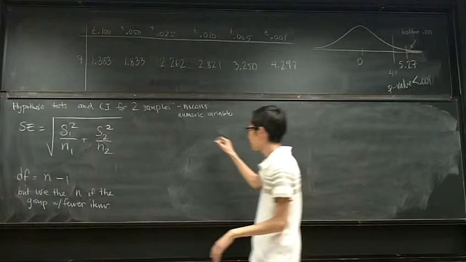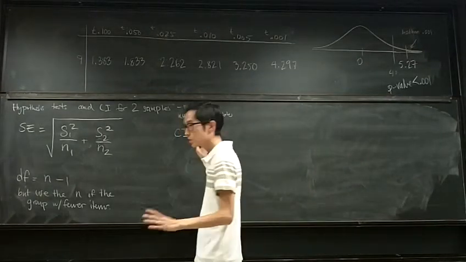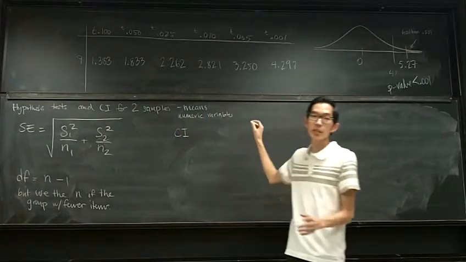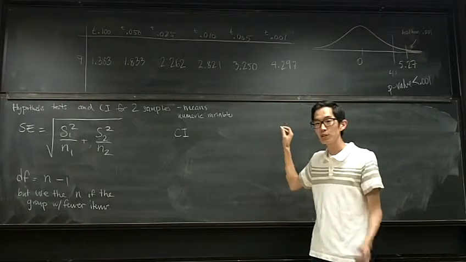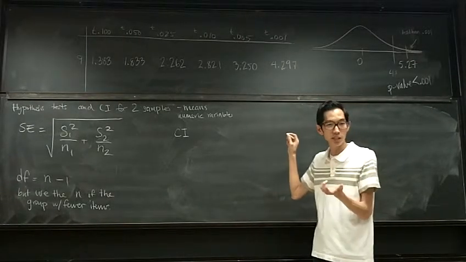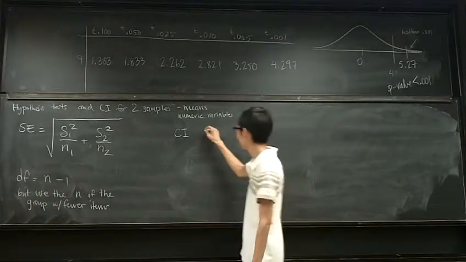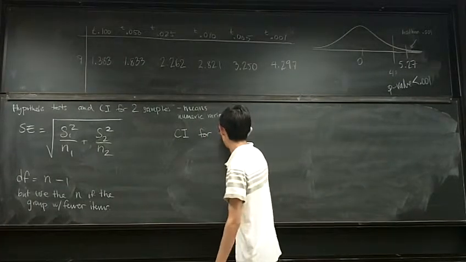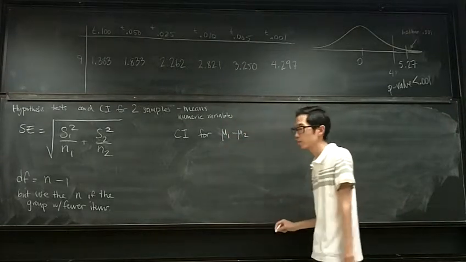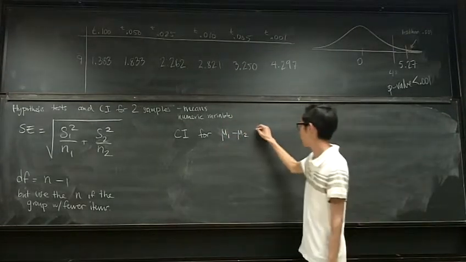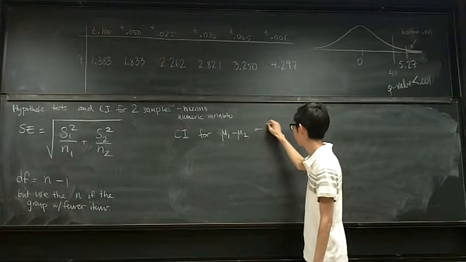Alright, so for a confidence interval, the concept is exactly the same. We are creating a confidence interval for the true difference in means, mu1 minus mu2. Okay? So this is for the true difference between means.